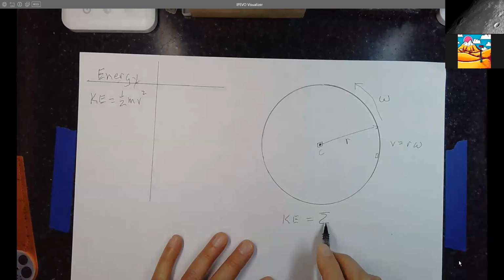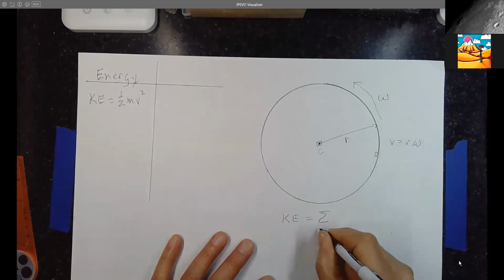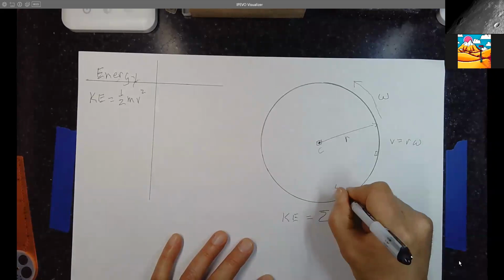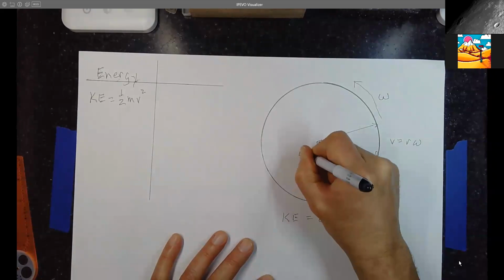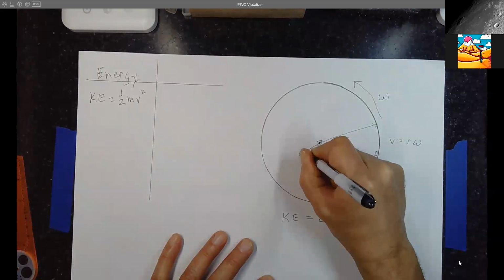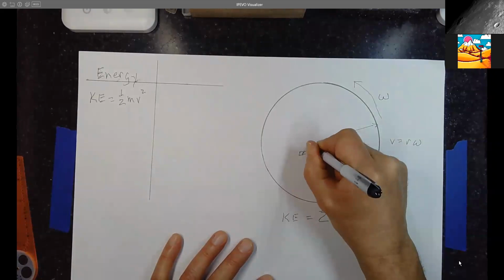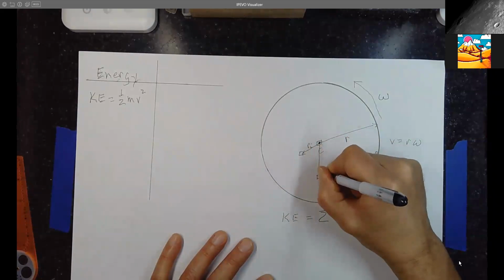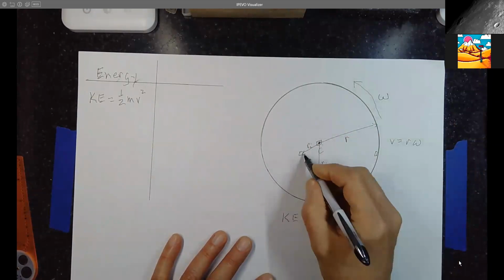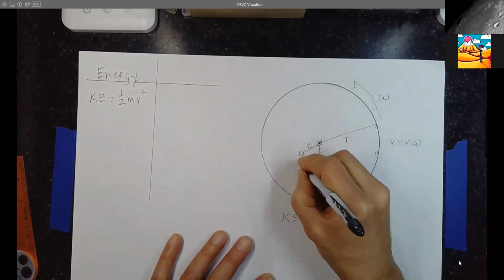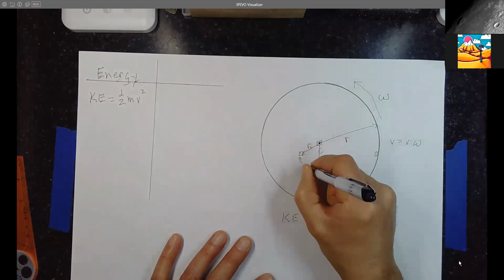And that's what that Greek letter sigma stands for. And we'll just imagine dividing this thing up into a whole bunch of little tiny chunks, each of which is going to have a distance r sub i away from the center of the thing, and a little mass m sub i.